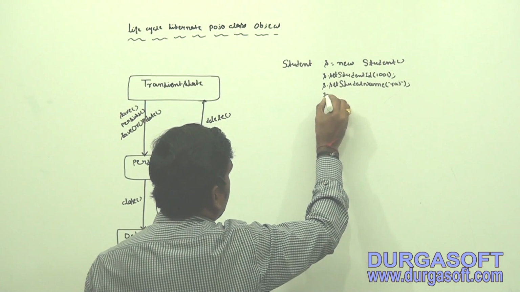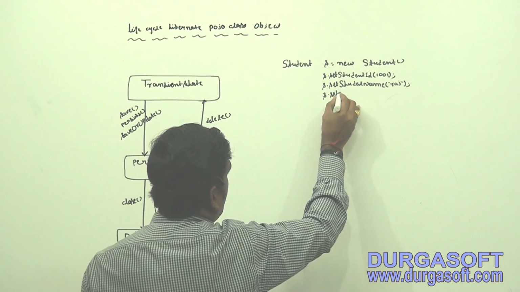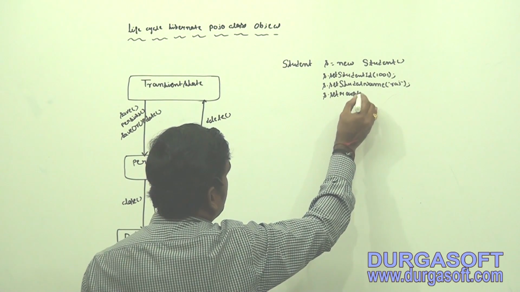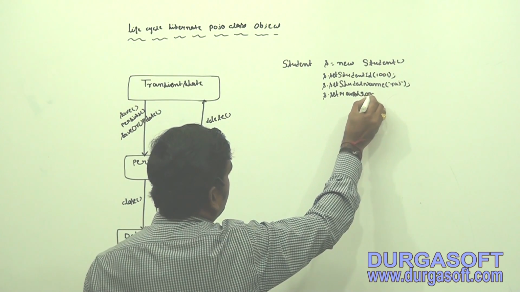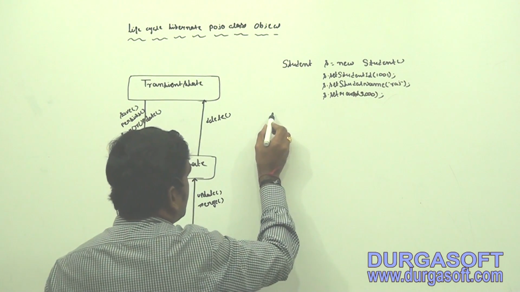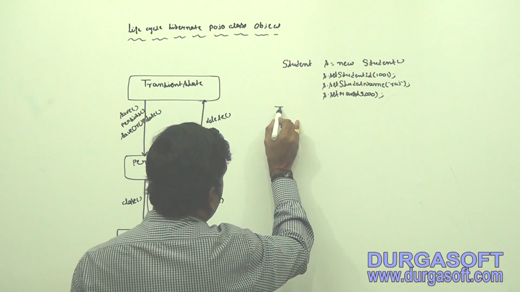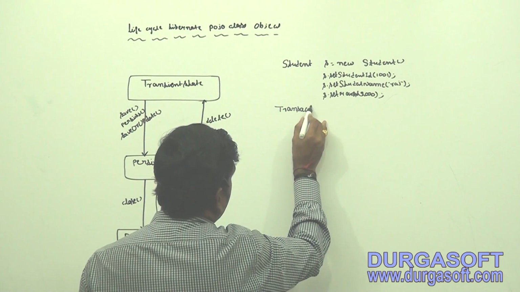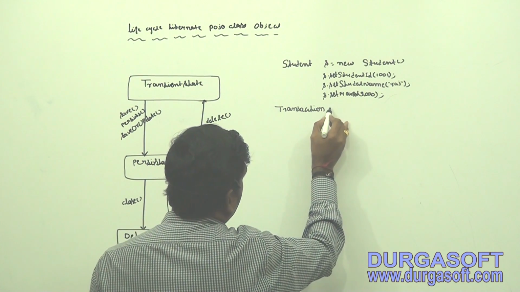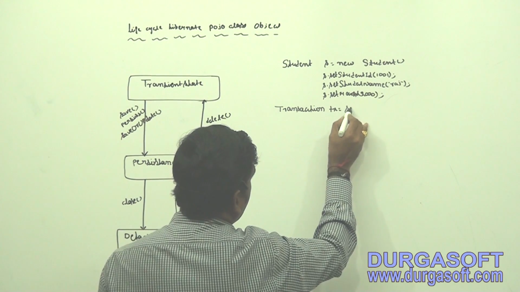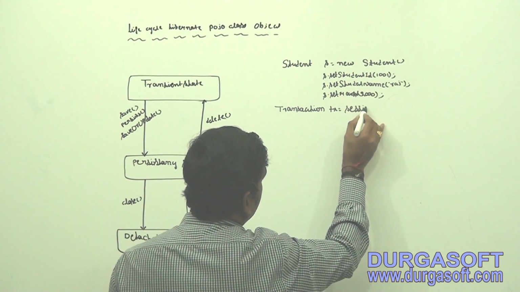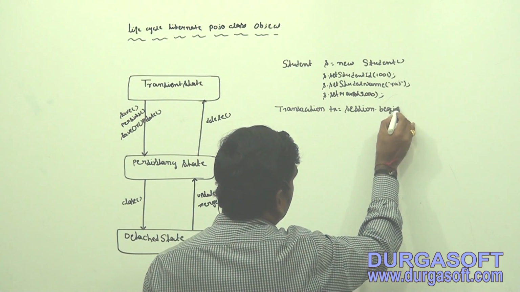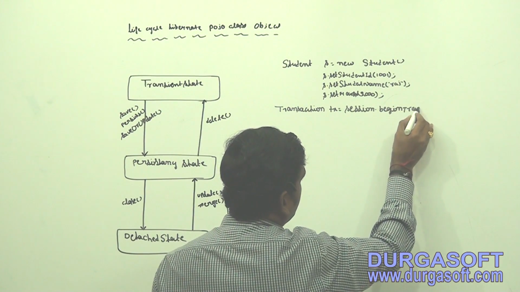The next s dot setMarks 2000. After that, Transaction tx is equal to session dot beginTransaction.